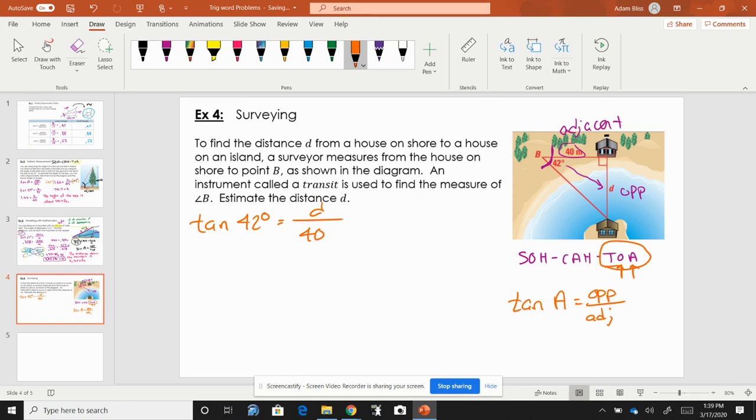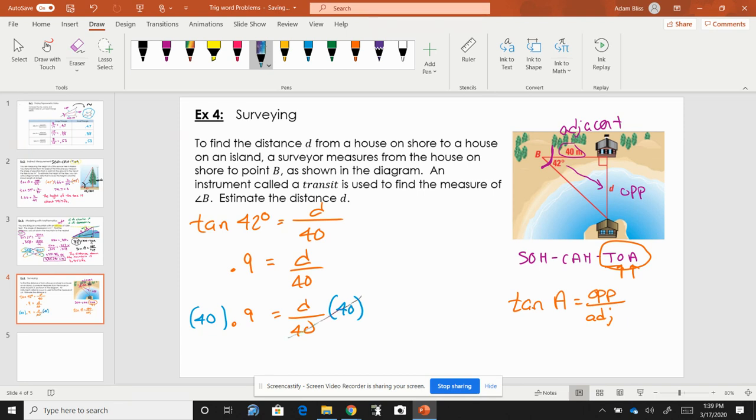So now this one is very, very similar to our tree problem. We're finding the tangent of 42. I got 0.9004, so I'm just going to say 0.9 equals D over 40. How do we get rid of that 40 on the bottom? We're going to multiply both sides by 40. So these two 40s are going to cancel out.